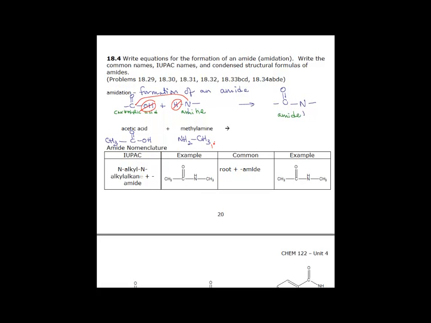Just to review that. To make an amide from acetic acid and methylamine, we can definitely do that because we have OH to get rid of on the carboxylic acid, H to get rid of on the amine, make a really long bond, and our product looks like this. And that's an amide. And that's the only functional group we haven't learned how to name yet.